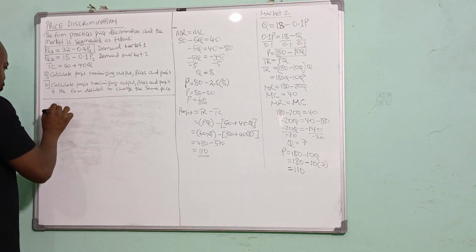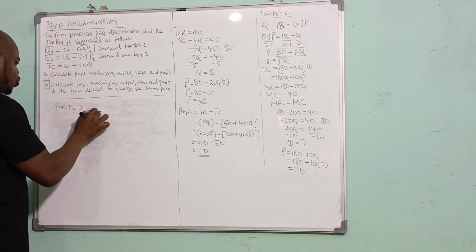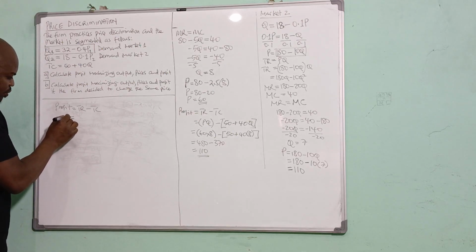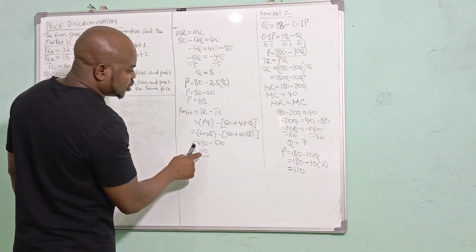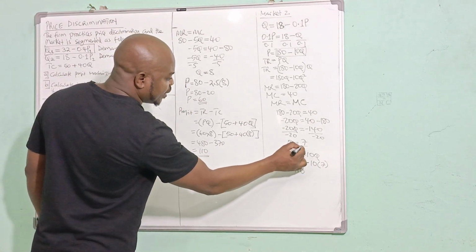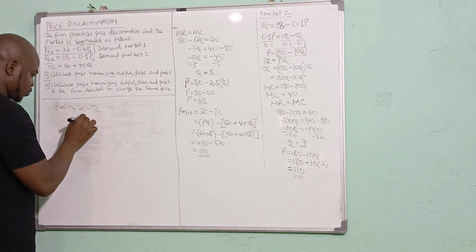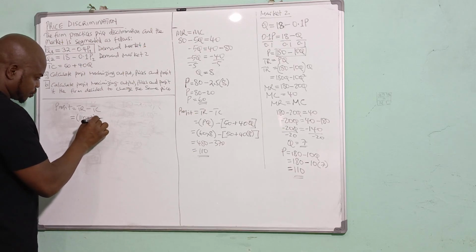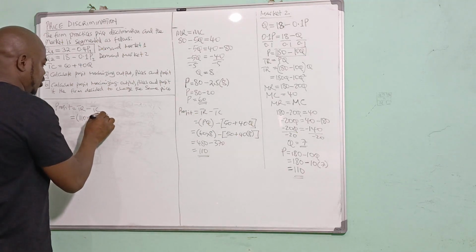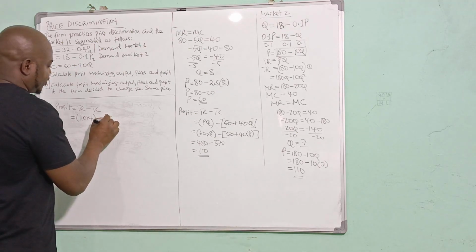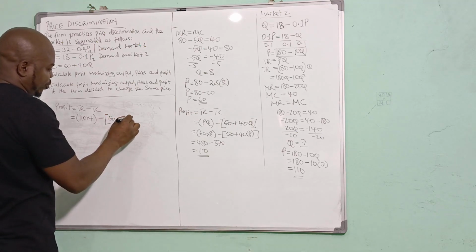Profit is equal to total revenue minus total cost. And our total revenue will be price multiplied by quantity. So for this one, the quantity was 7 and the price was 110. What are we going to have as our total cost? 50 plus 40Q.